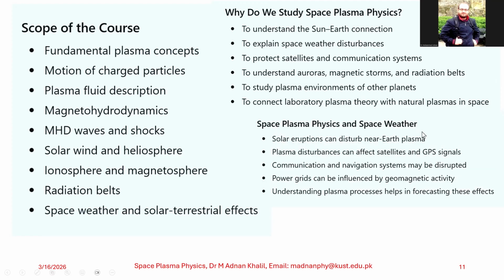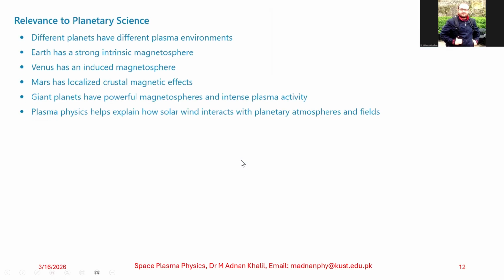The main focus in this course is space plasma physics and space weather. Solar eruptions can disturb near-Earth plasma, as I told you. Space-based technologies can be protected by understanding these auroras and magnetic storms. This is also relevant to the different planets, since over the last few decades people have been talking about moving some habitations toward Venus or Mars.